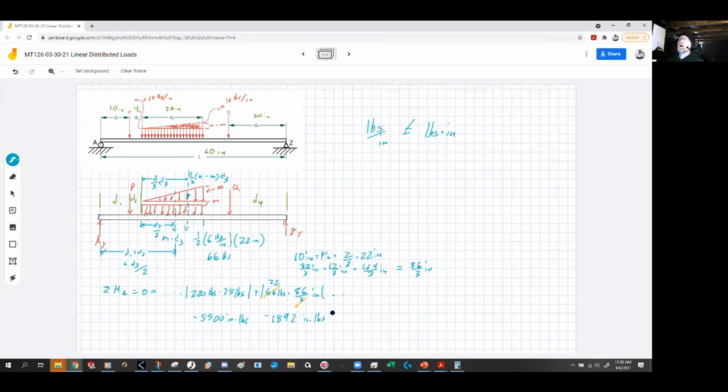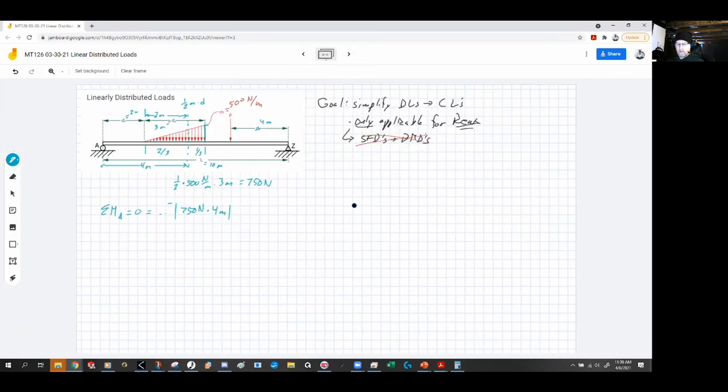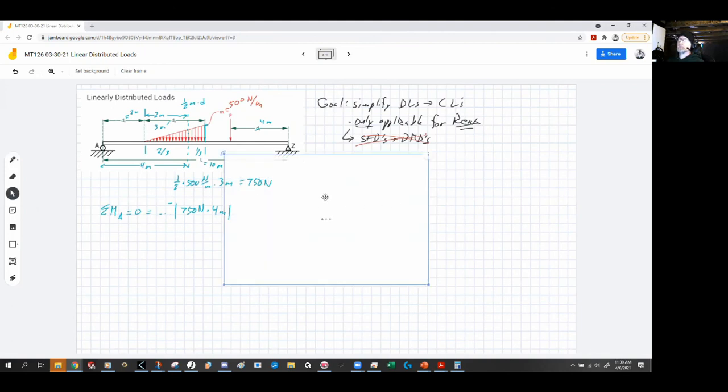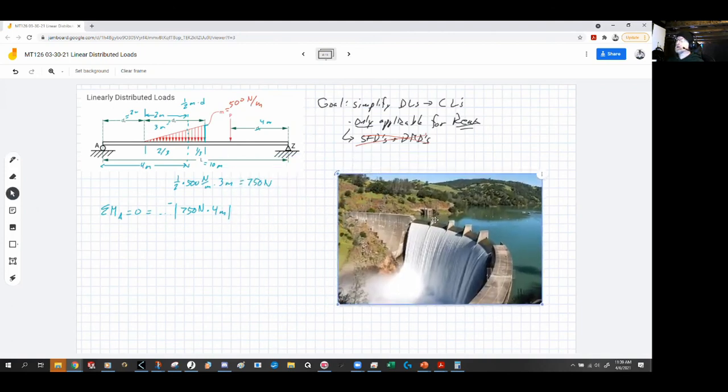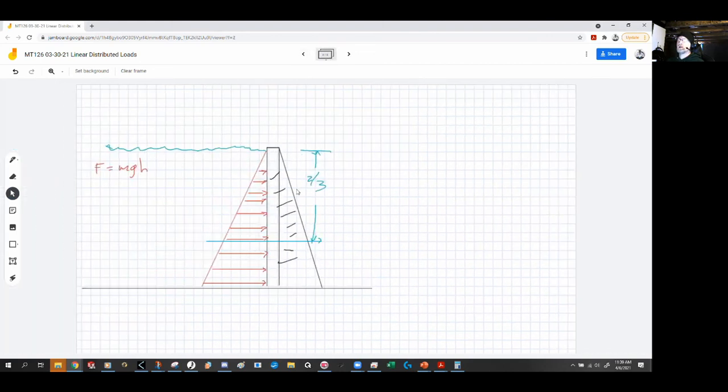Okay. One more thing. This is the same thing as a dam. A dam is a linearly distributed load. Here's a dam, and if you'll notice that you've got water at the top and it goes all the way down to the bottom, and that is a linearly distributed load like this, because force equals mass times gravity times the height.